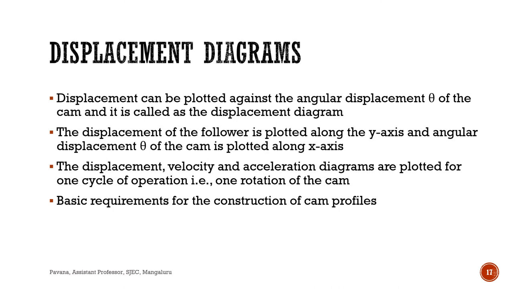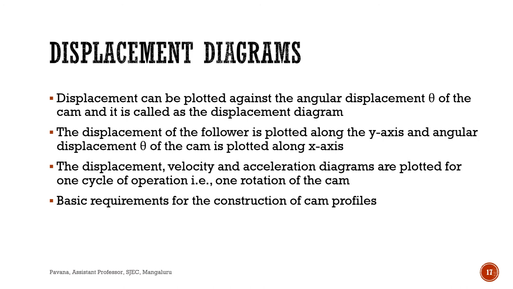The displacement is plotted along the y-axis, and the angle is plotted along the x-axis. 0 to 360 degrees is plotted along the x-axis, and whatever the height movement of the follower is plotted along the y-axis. The displacement, velocity, and acceleration are plotted for one complete rotation.